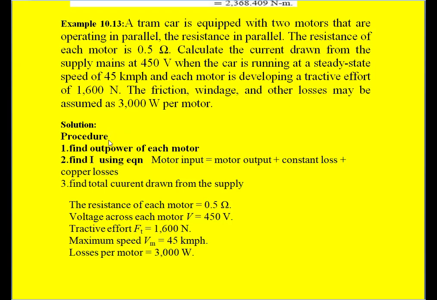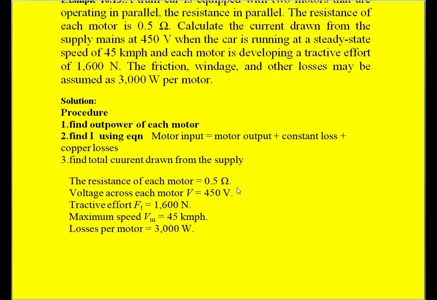So what is the procedure for this? First we have to find the output power of each motor, then find the current using the equation: motor input is equal to motor output plus constant loss plus copper losses. Once we get that, we find the total current drawn by the system from the supply.